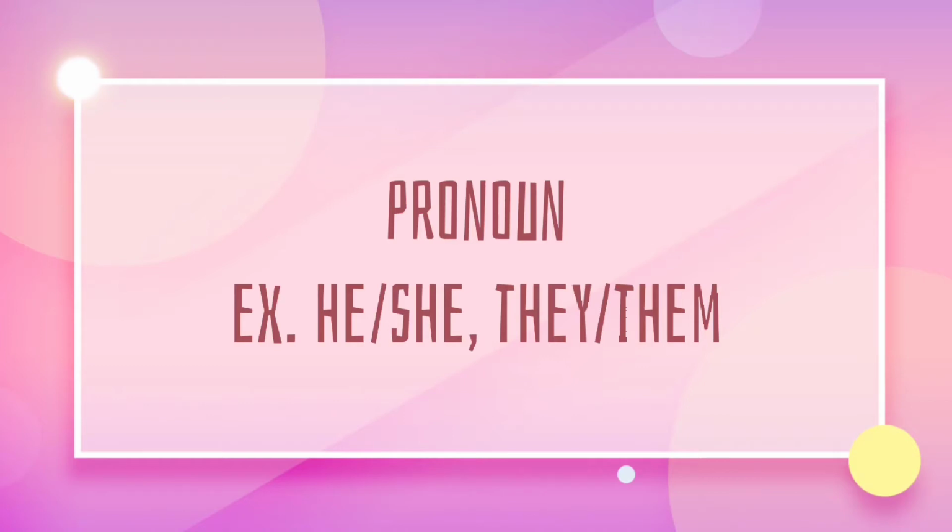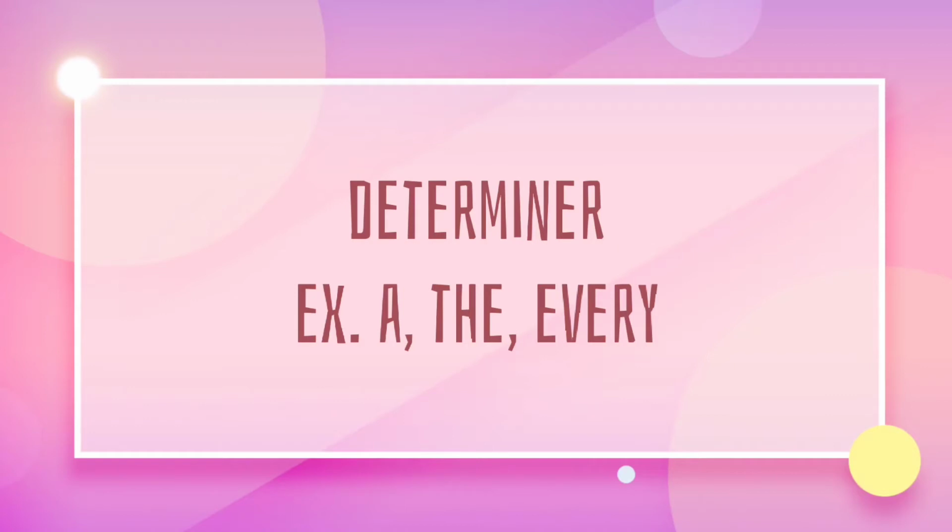It represents a person or a thing. And the last one is the determiner, or a modifying word determining the kind of reference a noun has. Example, the, every. Those are some examples of the determiners, which we will encounter as we go through this lesson.